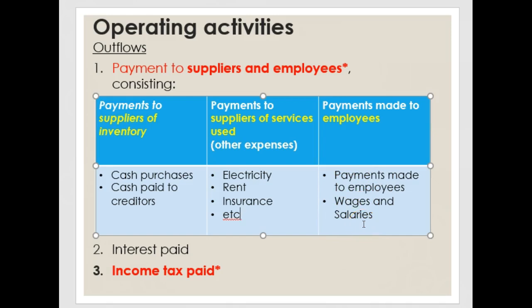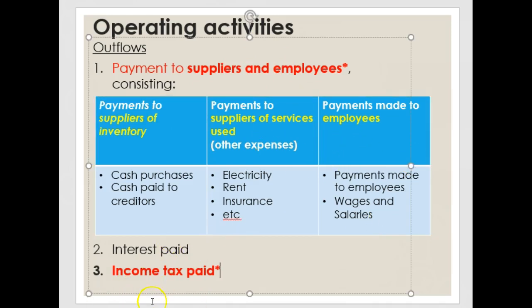If we pay employees salaries, there is a cash outflow there due to payment of wages and salaries. So we need to record it in payments to suppliers and employees as well. Under payment to suppliers and employees, you must remember that you need to include all of these items.